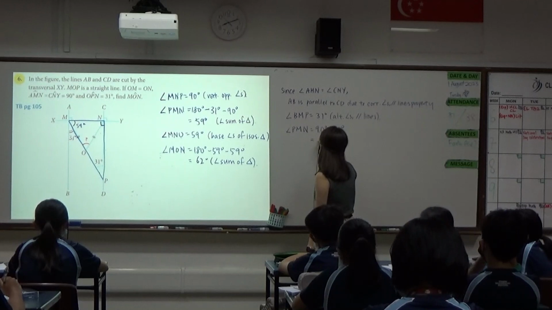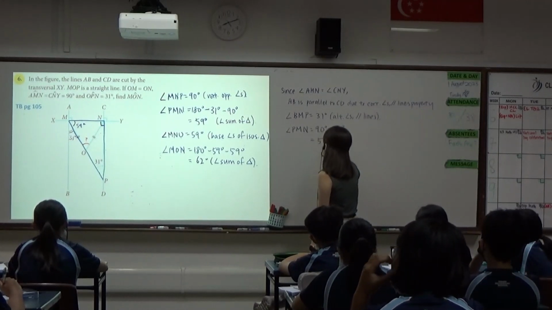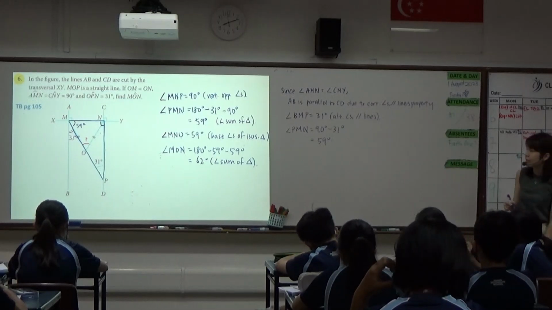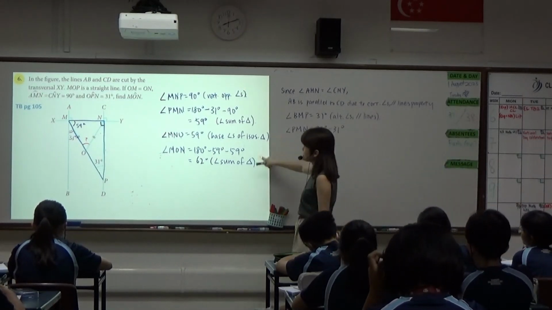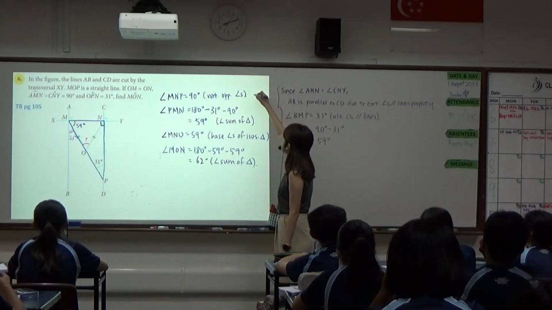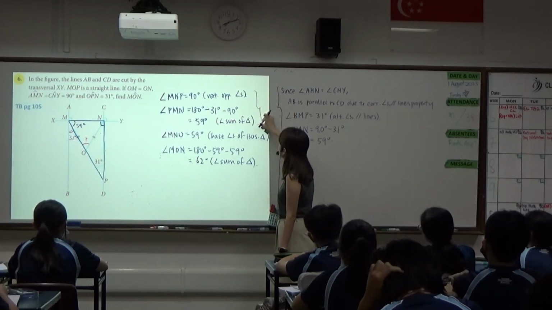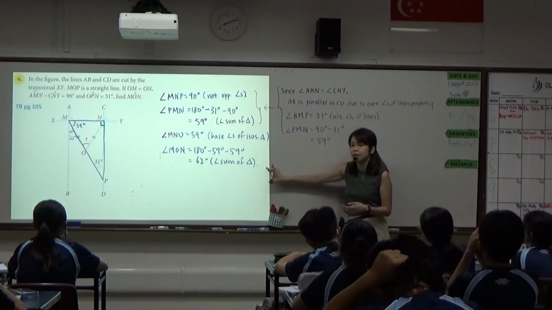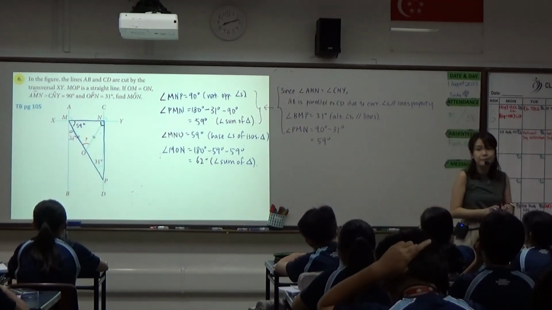Okay, and that will give us 59 degrees. Then after that, the remaining steps will continue, right? So this process is in replacement of this process. The remaining steps will remain the same as this.